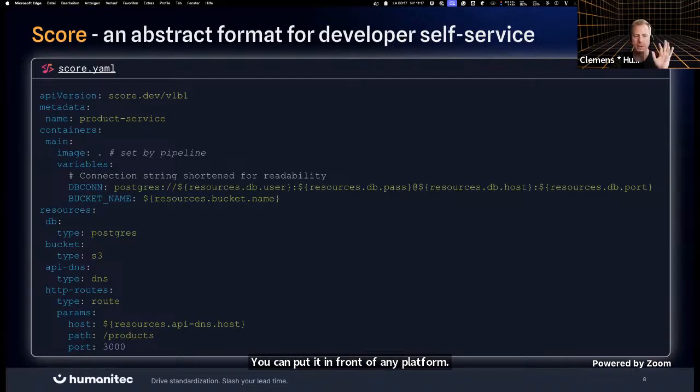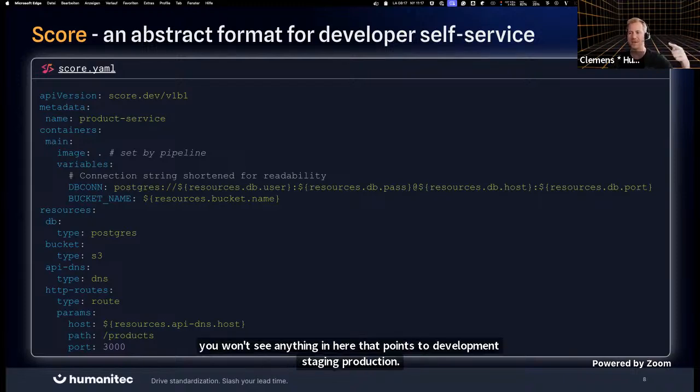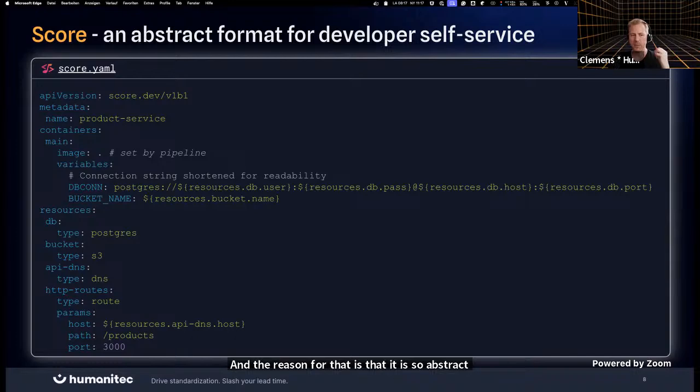So you won't see anything in here that points to development, staging, production. The reason for that is that it is so abstract. And that means one Score file is enough. It is equally useful from development or even local, where I can use it to deploy onto a local Docker daemon or local Kubernetes cluster, up to production.